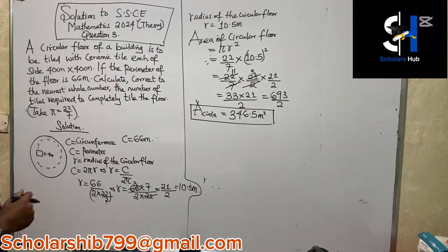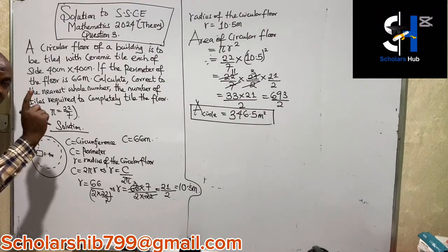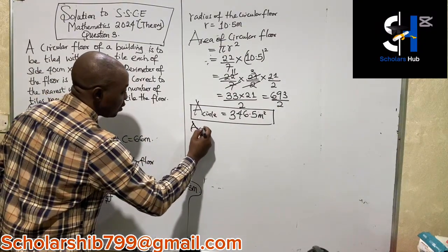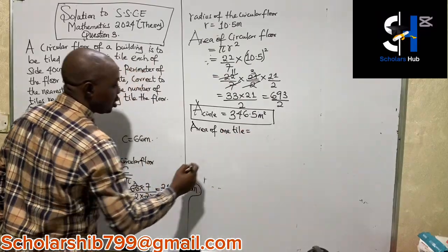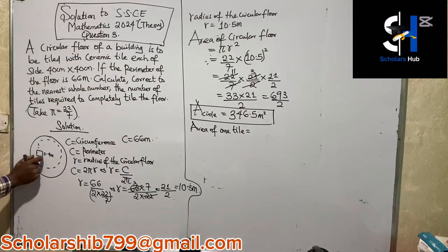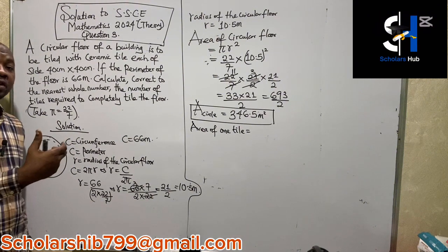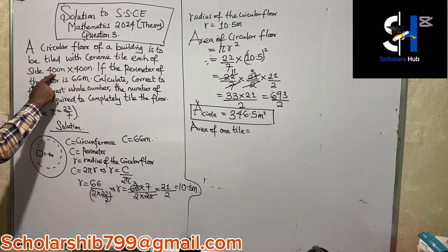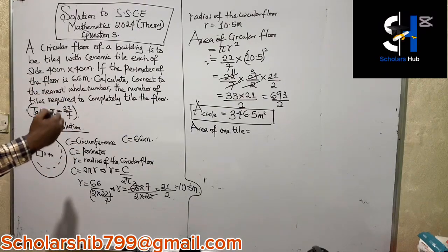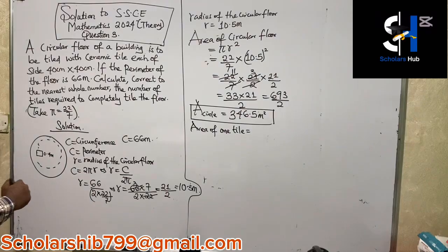Now, like I said, we're also going to calculate the area of one tile. Because the tile is in the shape of a square, the side length is 0.4 meters. What we are given is 40 centimeters, so we convert all units to meters.